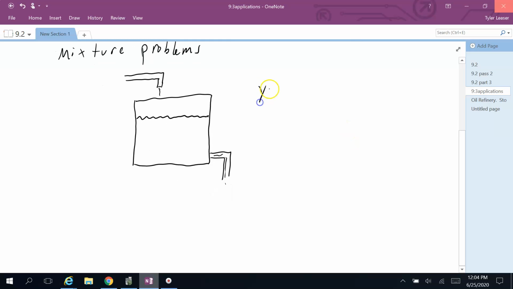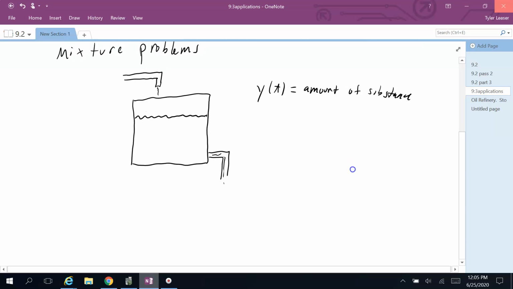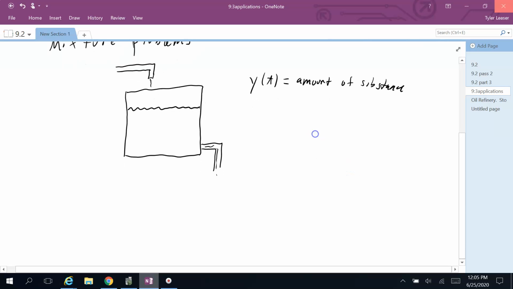We're going to set y of t to be the amount of the substance, whether that substance, again, is alcohol or sugar or anything that gets mixed into some kind of liquid. What we want to do is set up a differential equation, y prime. This is the change in the amount of the substance in the solution itself.